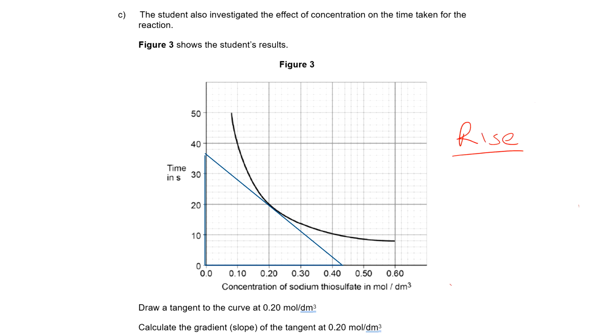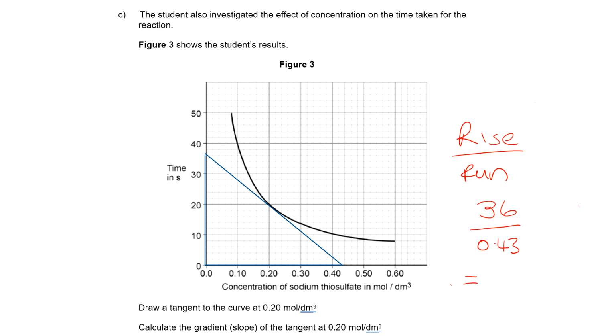The way to calculate the slope of a gradient is the rise divided by the run. And so in this case, our rise is 36, and our run going across the bottom is 0.43.